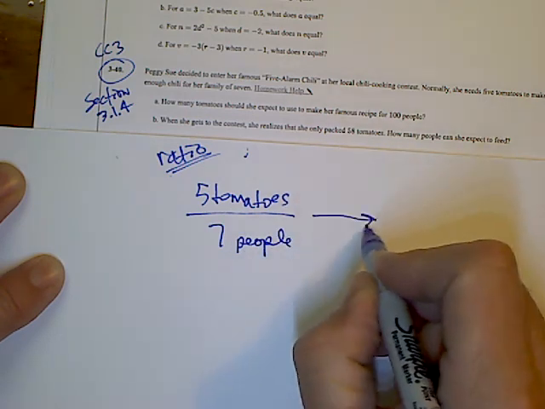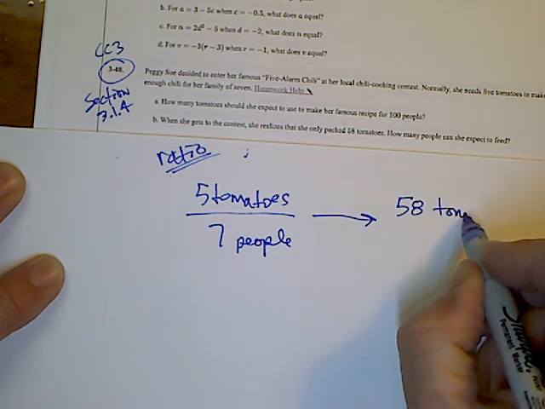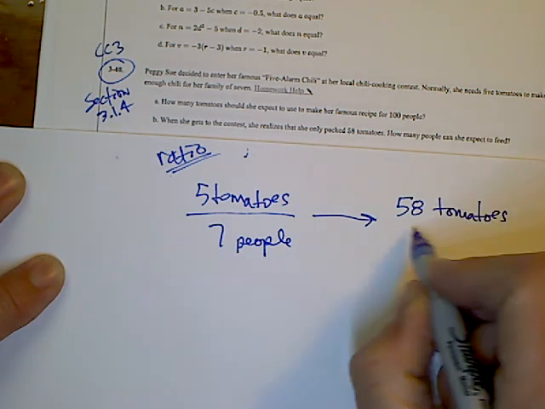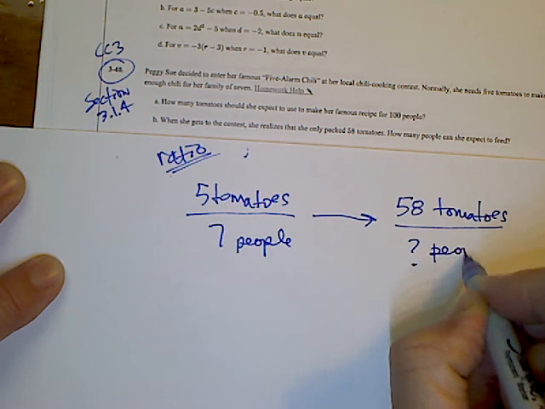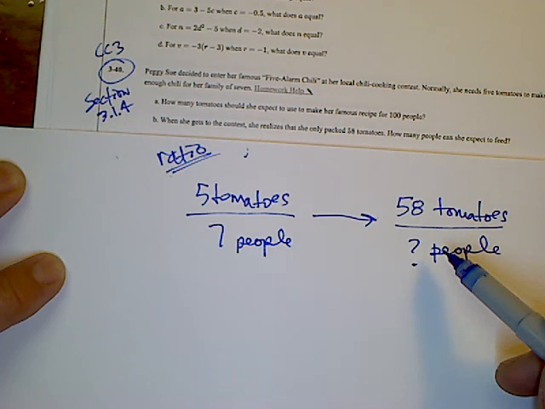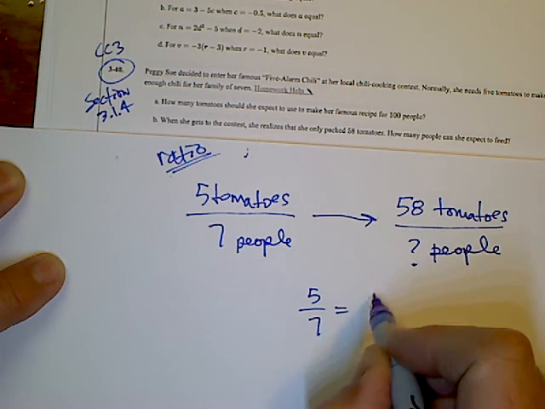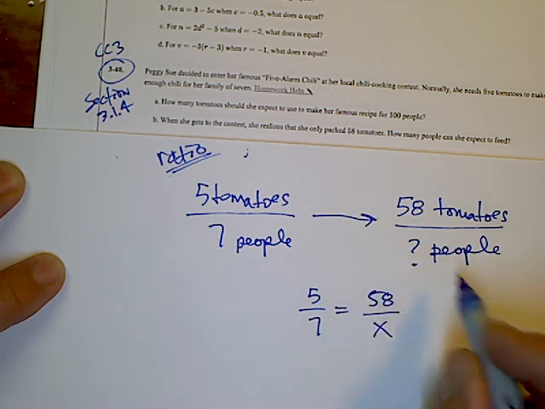But now, what do I know? She has 58 tomatoes, so I put the 58 tomatoes on top. And I need to know how many people will that feed? Will she be able to make chili for? So here's another ratio set as a proportion. Once again, I could say 5 over 7 is equal to 58 over x. In this case, my x is the number of people.